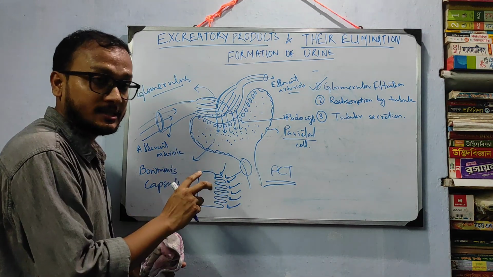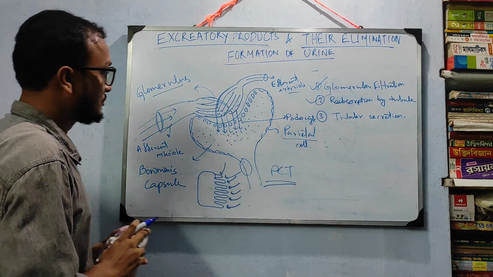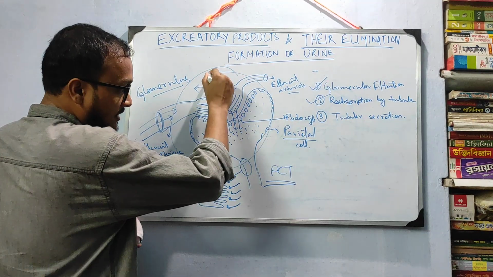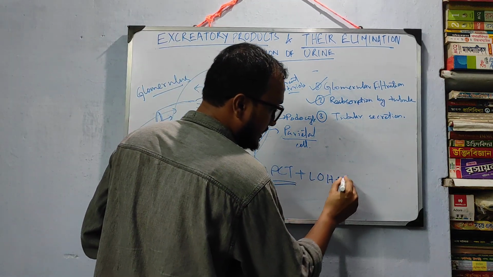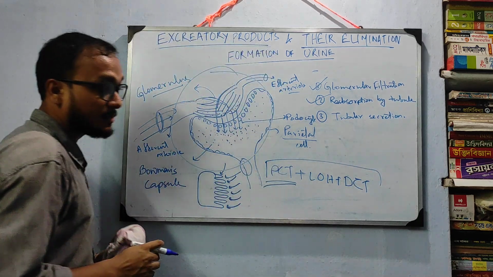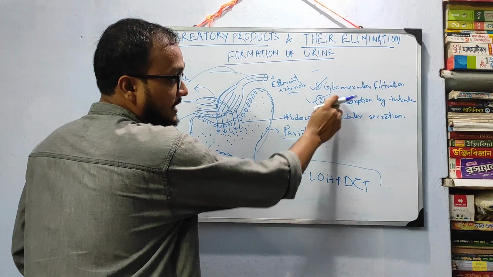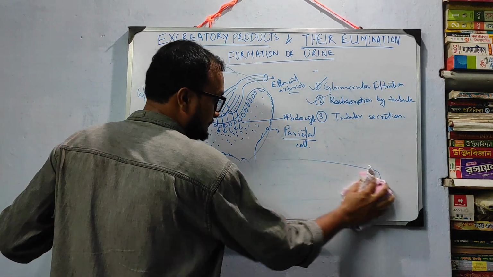We'll talk about that. Now that comes under reabsorption of the tubule. This is the renal corpuscle, and after that there will be PCT, loop of Henle, then DCT. This is part of the renal tubule, and the renal tubule will reabsorb.